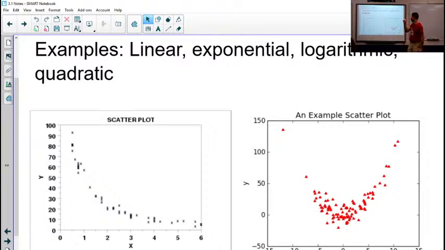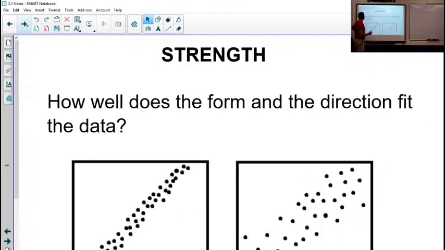That is an example of nonlinear growth. This would be more like maybe a quadratic, a parabola, but some kind of curved nature. So we want to make sure, is it a linear association or a nonlinear association? And usually for this chapter, it's going to be linear. That's form.